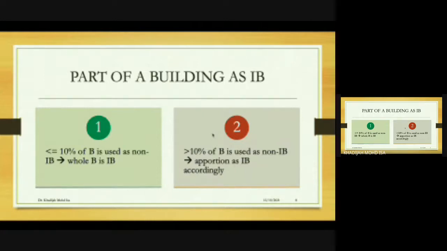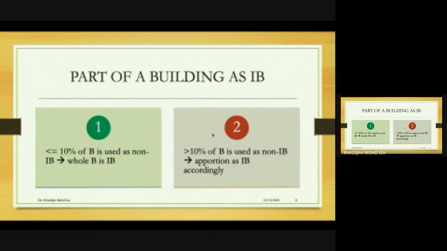So if you have an office or an area that is not being used for that purpose, that is also included in this. So you have to look at the whole cost of the building. So if the portion of non-industrial building usage is less than 10% of the total cost, then the whole cost is an industrial building, right?